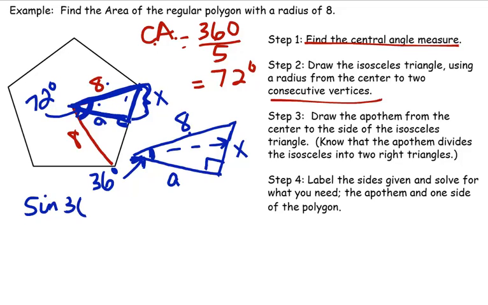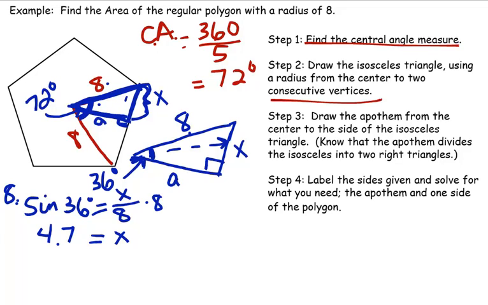Sine of 36 degrees equals the opposite over the hypotenuse, which is 8. So to solve for my X, I'm going to multiply both sides by 8. In the calculator, I'm going to type in 8 times the sine of 36, and that will give me my X value. Okay, I got 4.7. So the X value is 4.7.